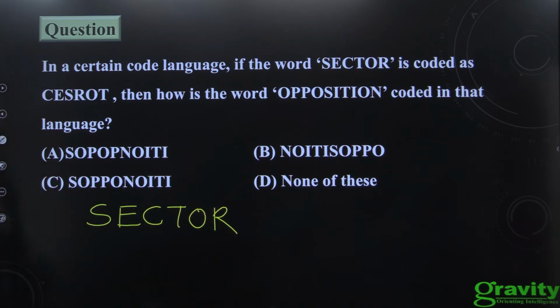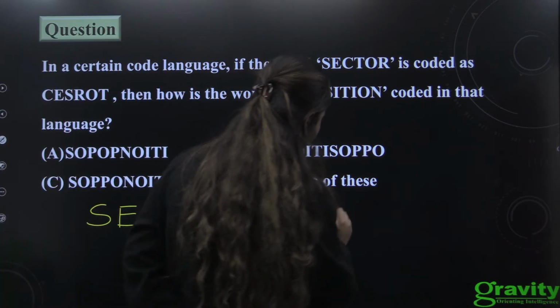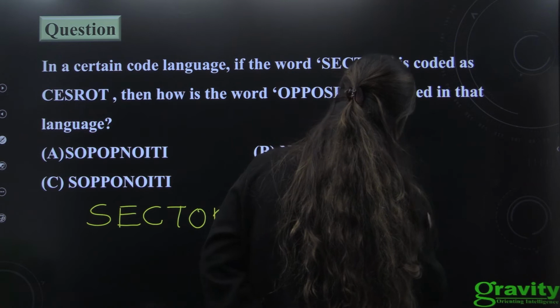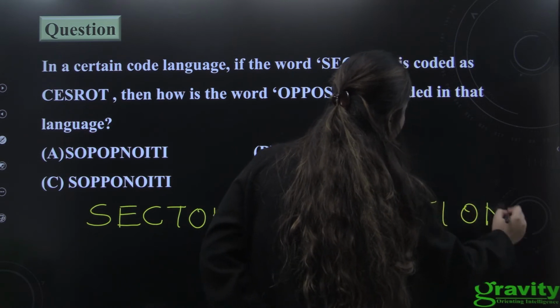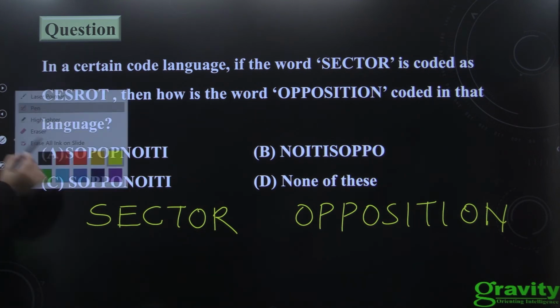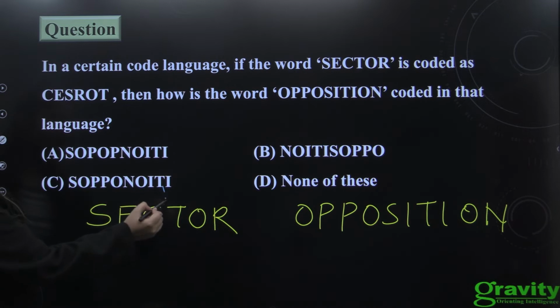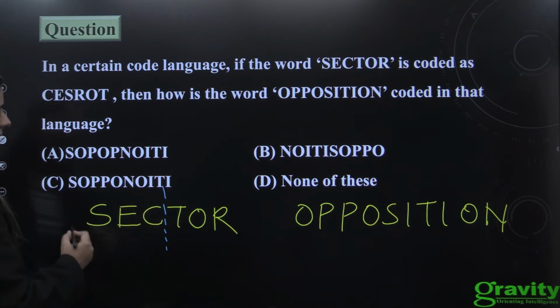Option C. Correct. Option C. It's just inversed. Yes. The first and the last letters are being changed. Correct. Find the midpoint and then just flip.